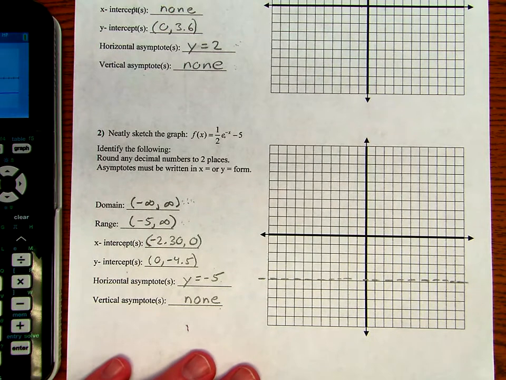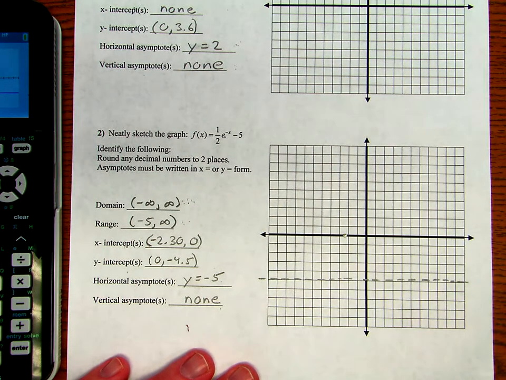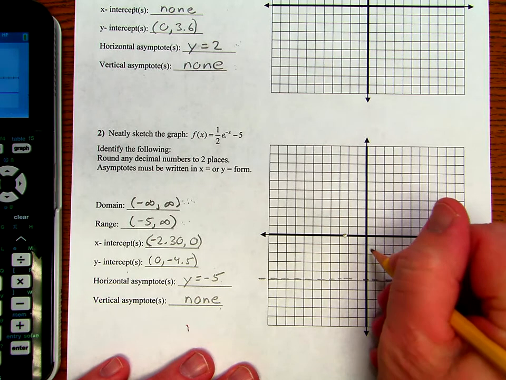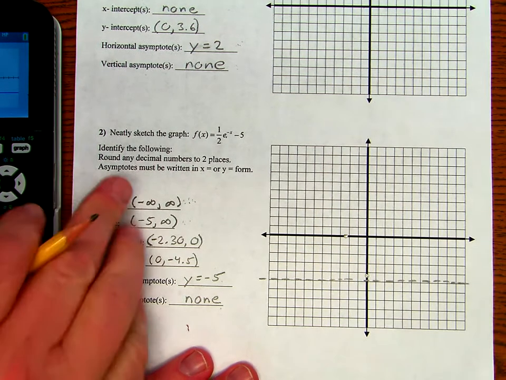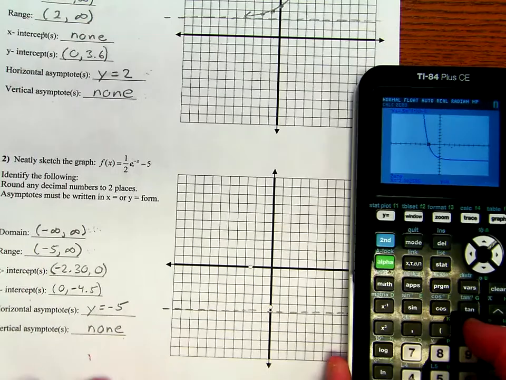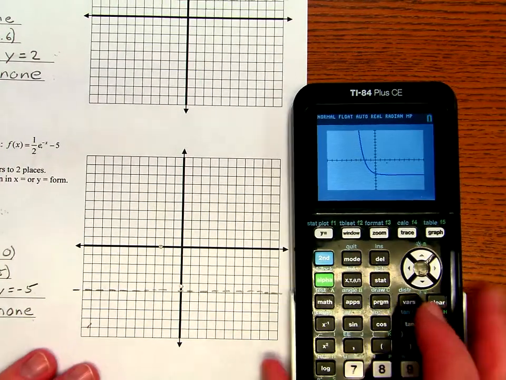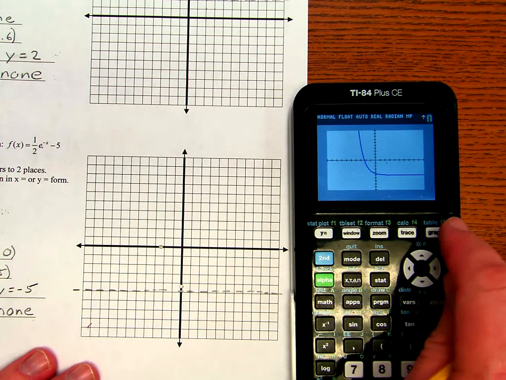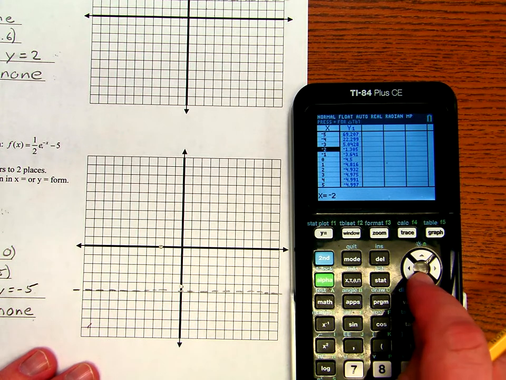Alright, so we can plot those 2 points. X-intercept negative 2.3, so that's about there. Y-intercept negative 4.5, that's about there. And we'll go to the table and grab a couple more points to flesh out the curve. Alright, we don't need anything over here. We know it's going to be approaching that asymptote. Negative 1 would be a good number to know. So about negative 3.6.